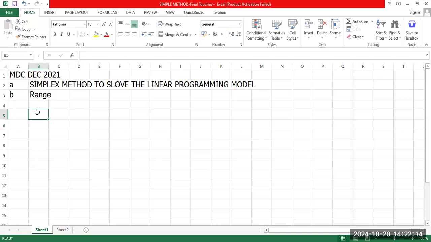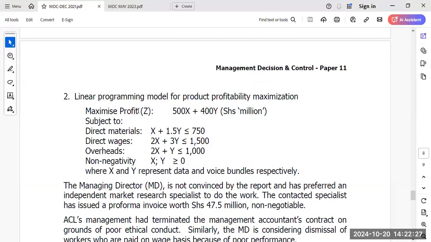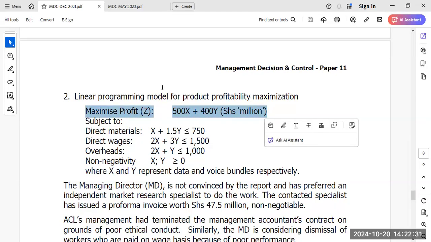So in this question, we are given our linear programming model. Okay, we have our objective function.